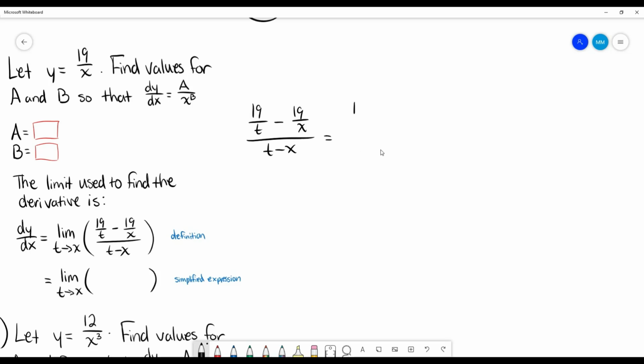So this is going to turn into 19x minus 19t over t times x. You see I multiplied this by x, and this by x, and this by t, and this by t, and then I just combined them. And that's still over our t minus x. We can't forget that. And now I'm going to factor out this 19 up here.